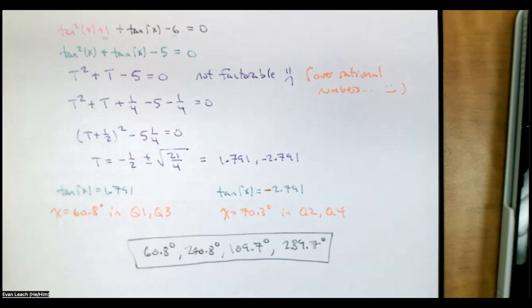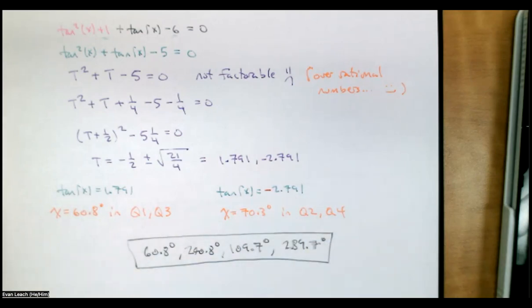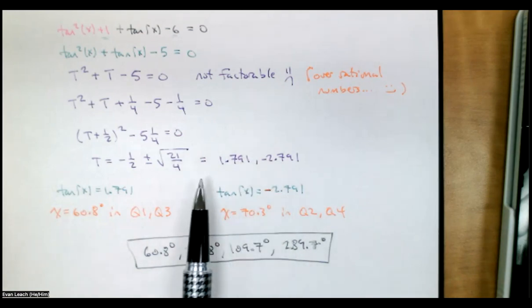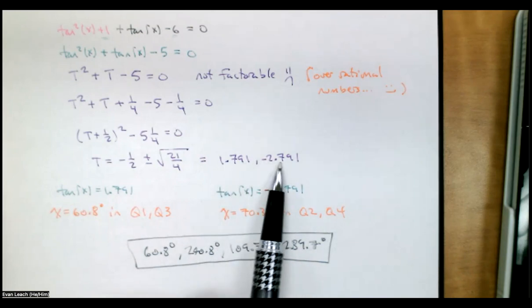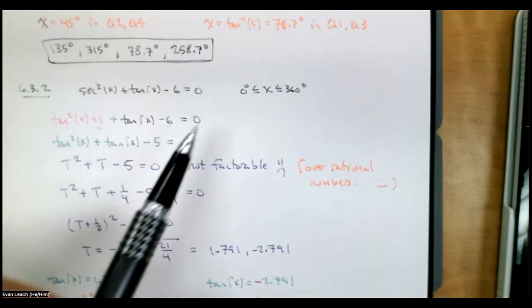If these two values had both been negative, we still would have had 4 answers, unless it came out to the same value, 1.79 twice, let's say. We had two different reference angles, and each reference angle goes into two different quadrants, and that's why we had 4. So it's not necessarily positive or negative. Each of these two different numbers gave us two different reference angles, and each reference angle gets placed into two different quadrants as we were solving for everything from 0 to 360.